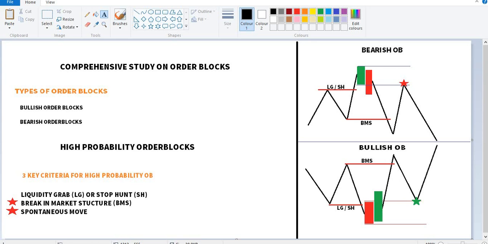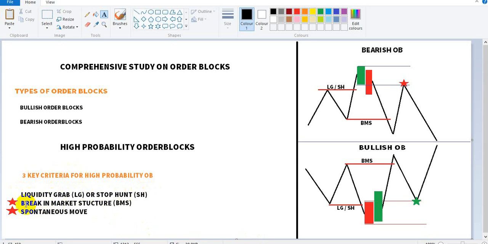I'm also going to be showing you the kind of order blocks I personally trust: high probability order blocks. That's what I call them. And there are actually three criteria for a high probability order block. One of them is liquidity grab or stop hunt.